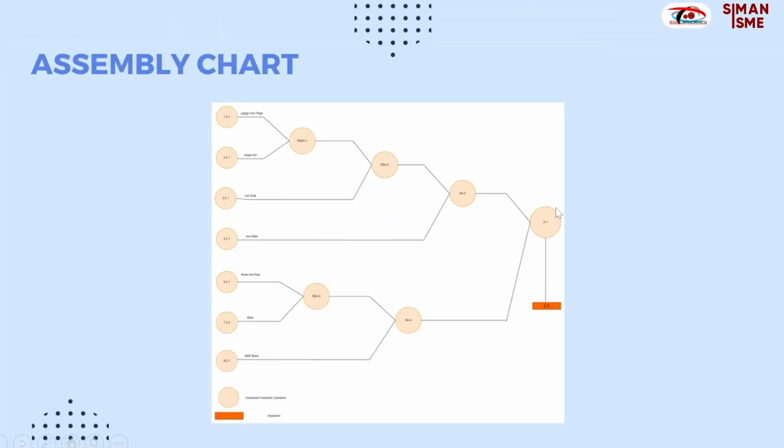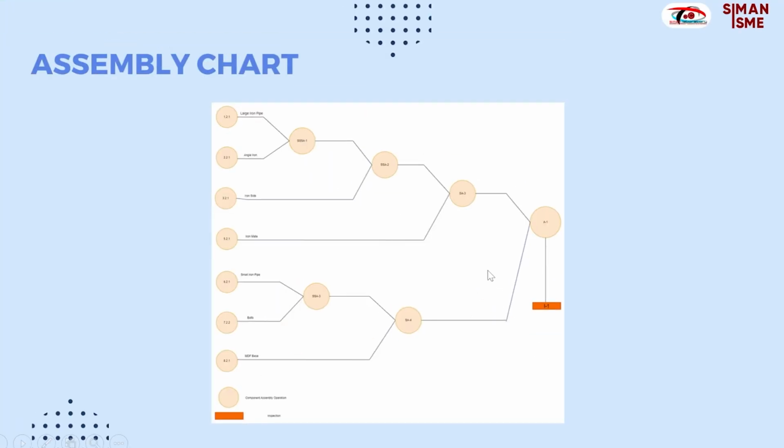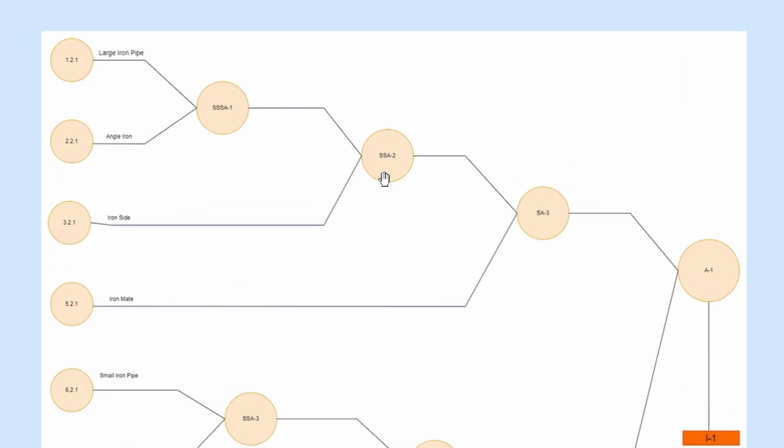Okay, after inside the circle is A1 or assembly 1, below you can see there is I1 or inspection 1. Okay, next, for example, if the top side already has SSA2, number 2, here you can put only SSA3, so 2 into 3.